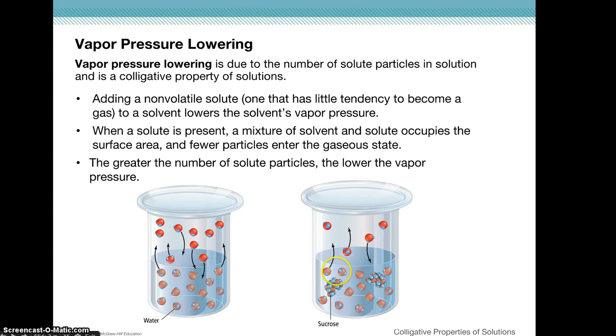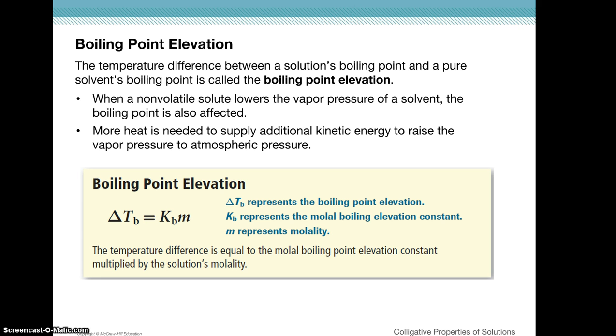When something like sugar dissolves and you just get one molecule per substance, it doesn't break apart into ions, so that's not going to lower the vapor pressure as much as if we dissolve something that broke up into 2 or 3 particles, and we'll look at that as well.